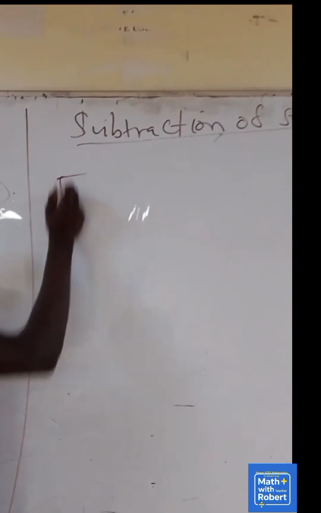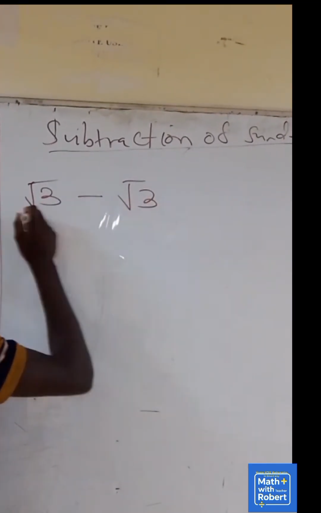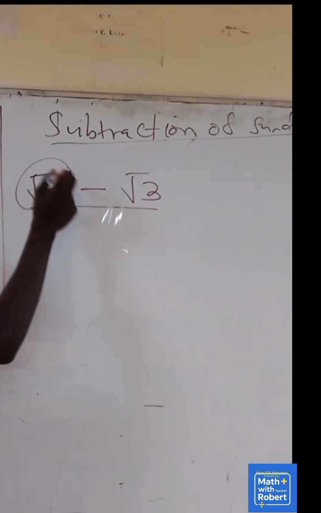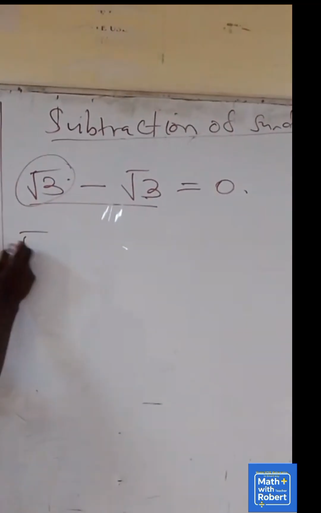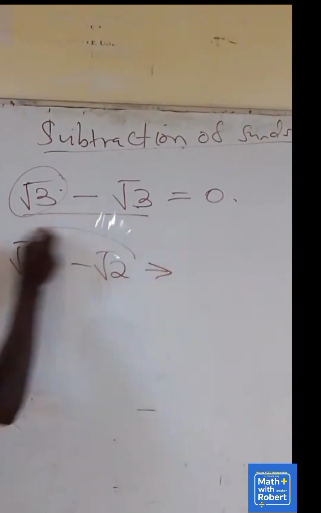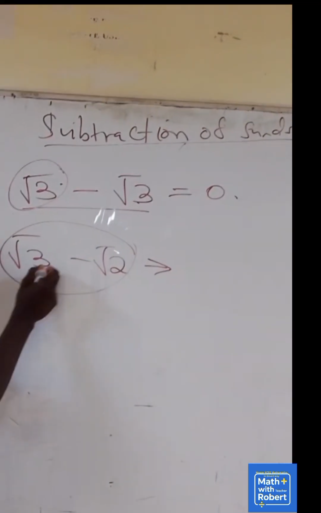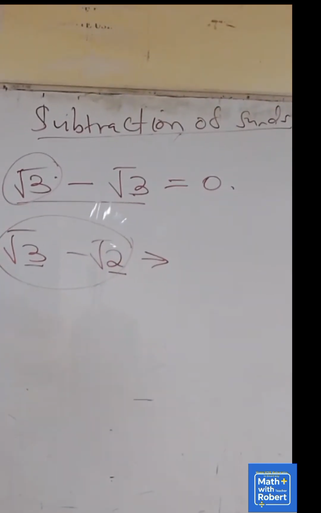So if we have Surd 3 minus Surd 3, these are the same number, Surd 3, the answer will be 0. So Surd 3 minus Surd 2 will remain the way it is because the numbers inside the Surds are not the same.